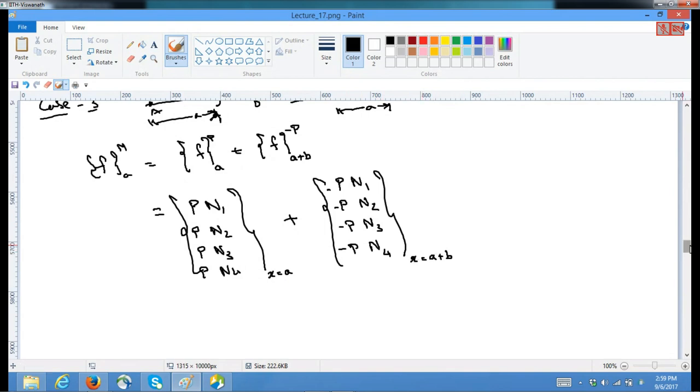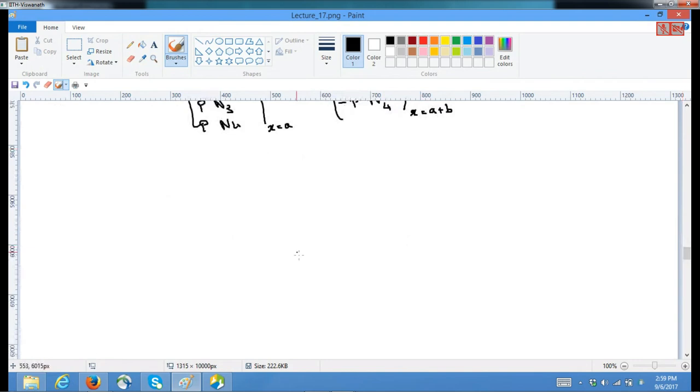So at this point, I will try to show that in a simplified form we can write P times N transpose evaluated at x equals a, minus P times N transpose at x equals a plus b.